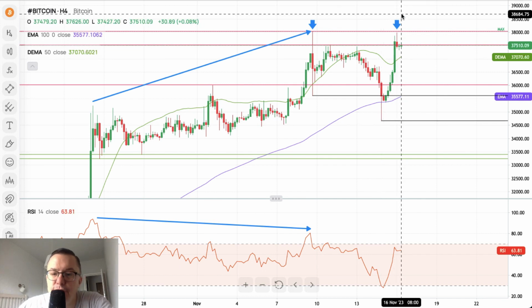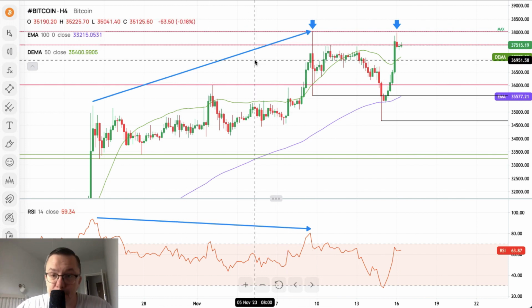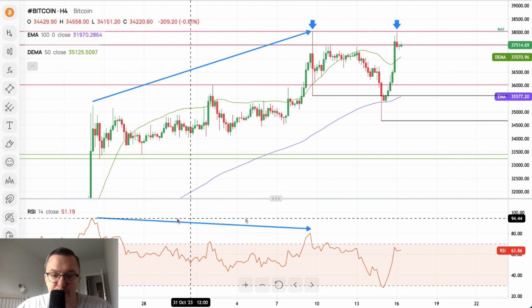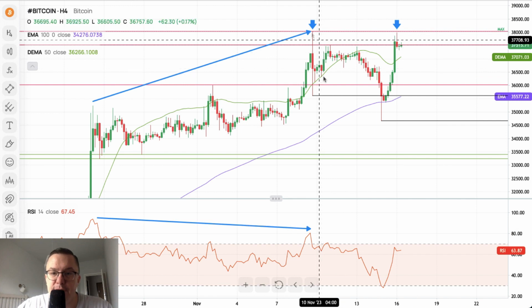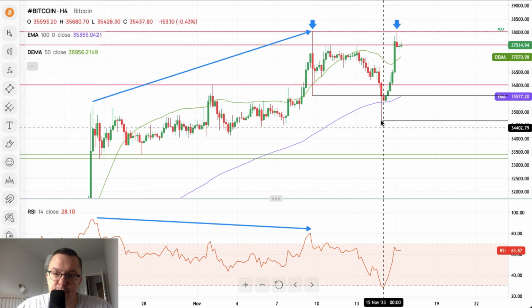This is the continuation of another of the trend which is in the background, and the trend is up. And the bearish divergence, as we can see here, big blue arrows, has been played already, because this correction here was 9%, pretty decent. All right, so this might be the resumption of the uptrend.